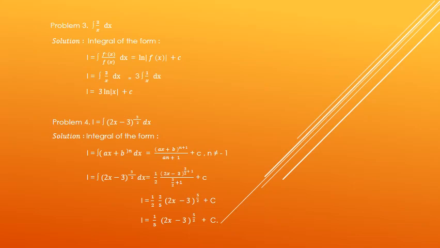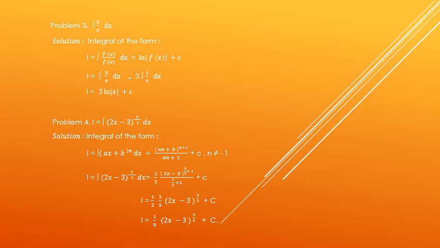So here 3 is divided with x, that means we separate or we put 3 outside of the integral, and then we have the remaining function is 1 upon x dx.